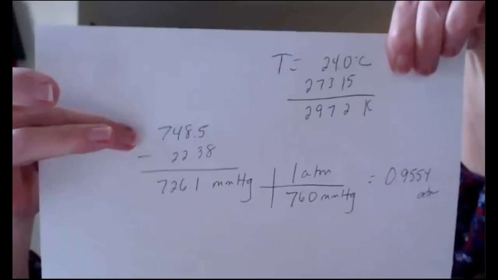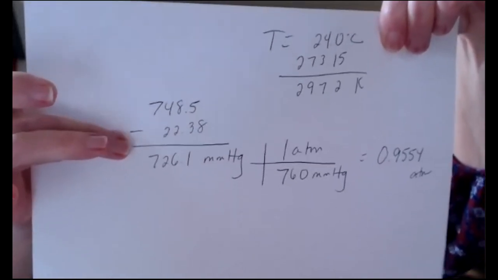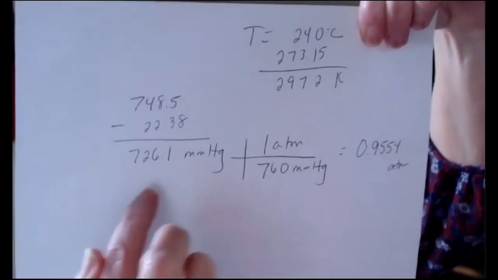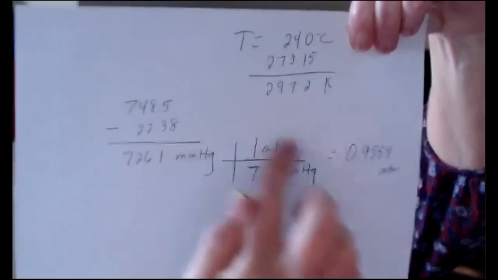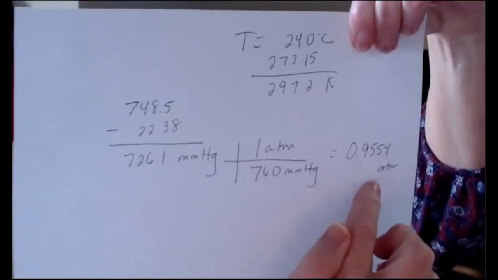Okay. I corrected my temperature up here. I took my total pressure minus my water vapor pressure. That's still in millimeters of mercury, so I had to convert it to ATM. I know my N. So the last step is plugging in to PV equals nRT and solving for volume.